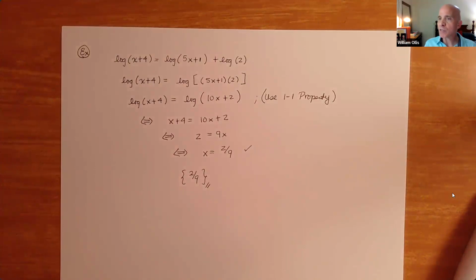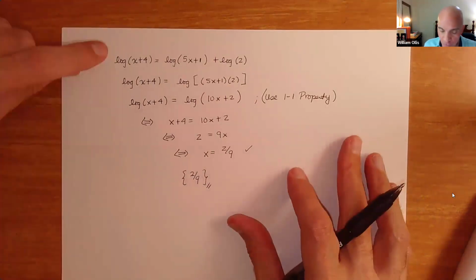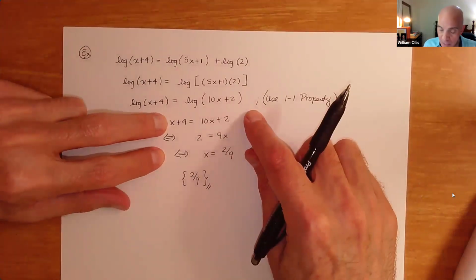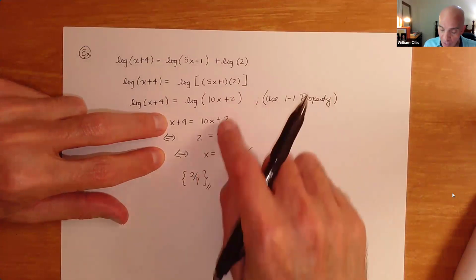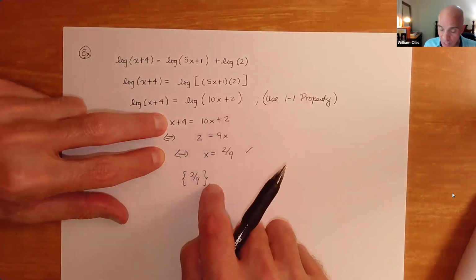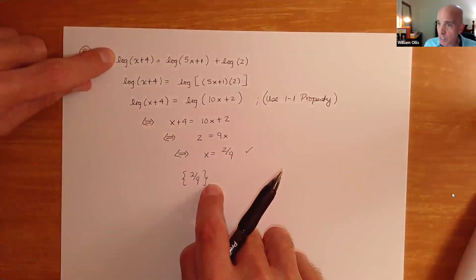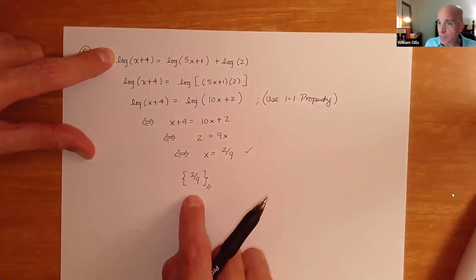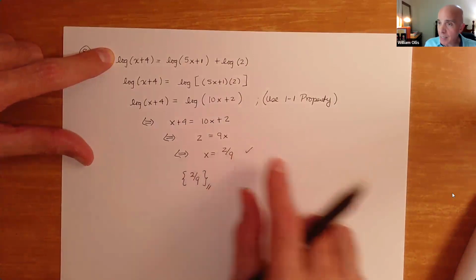It really just depends on where the problem originates. So if we're solving this equation and the intermediate equation is this, then we need to make sure that if we do have a solution to this, that it indeed solves the original equation. That is, the original equation is defined for this value of x, and it is.